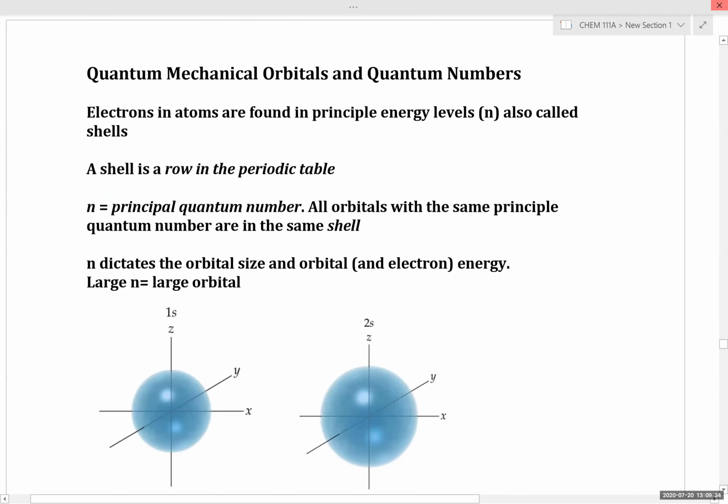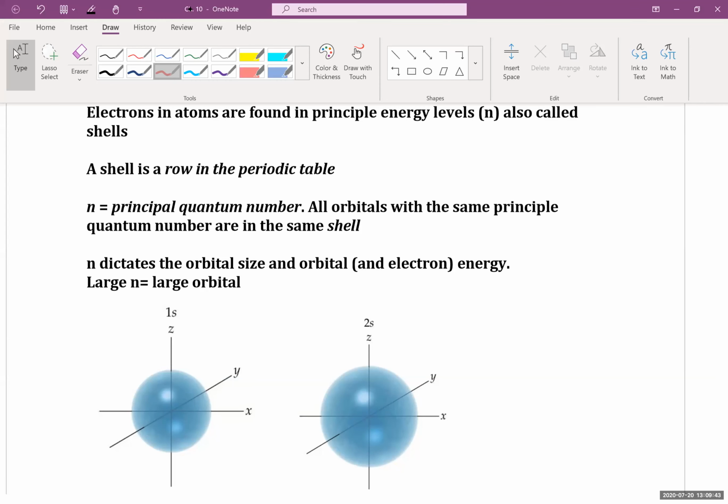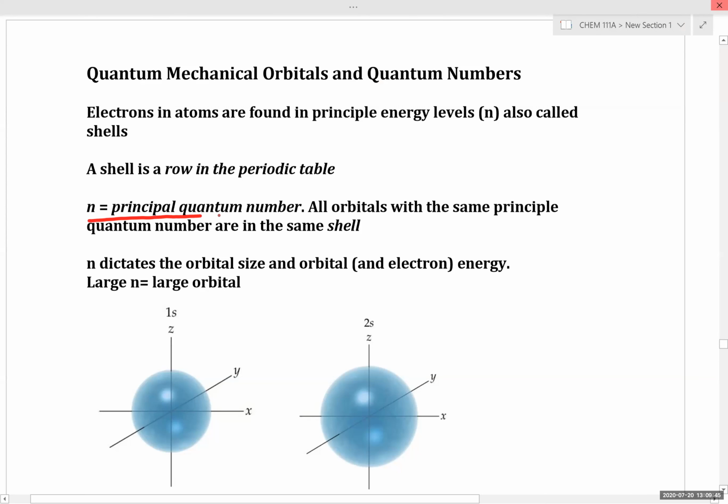So let's start off with the first major quantum number, which is the principal quantum number n. We can think about electrons as sorted into principal energy levels, which are dictated by their value of n. This is also called a shell.